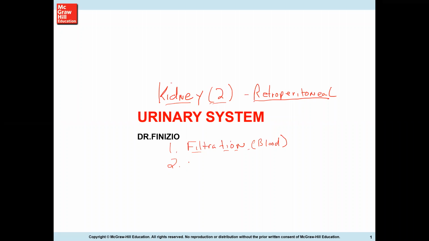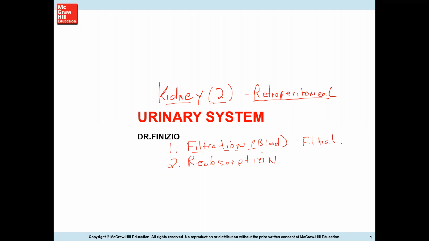And the second function is absorption or reabsorption. So this is going back into the blood. So the filtration creates filtrate.